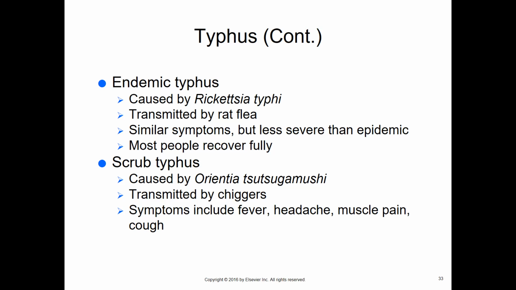The virulent strains of the organism can cause hemorrhaging and intravascular coagulation, or DIC. Treatment is with doxycycline, tetracycline, or chloramphenicol.